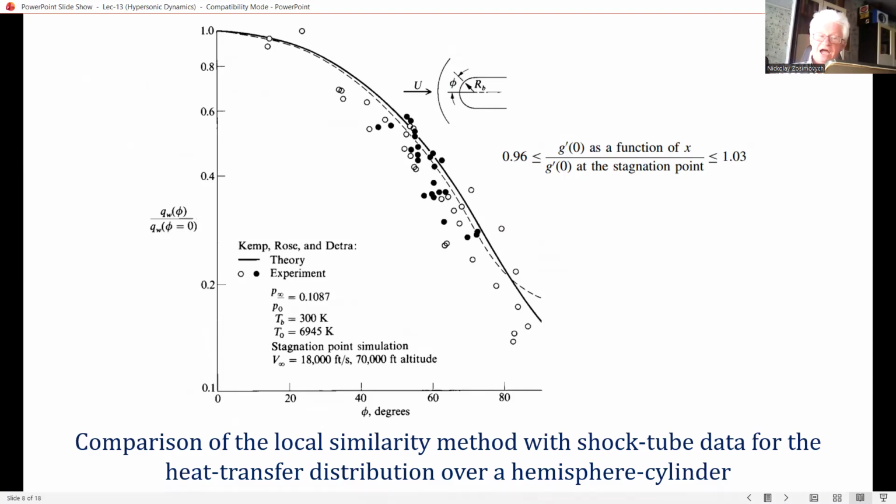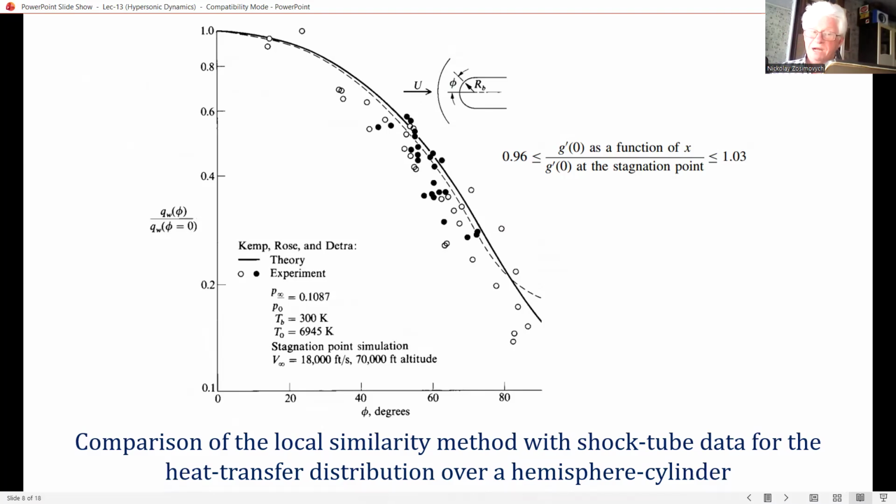The figure on this slide gives the variations of q as a function of angular distance psi away from the stagnation point, as measured in a shock tube.